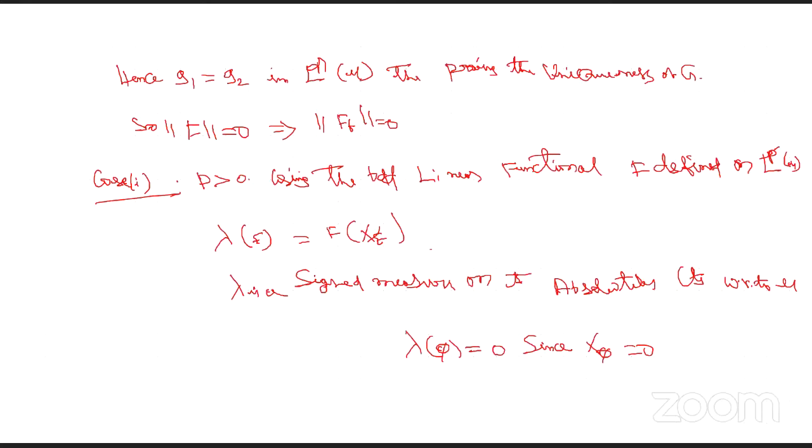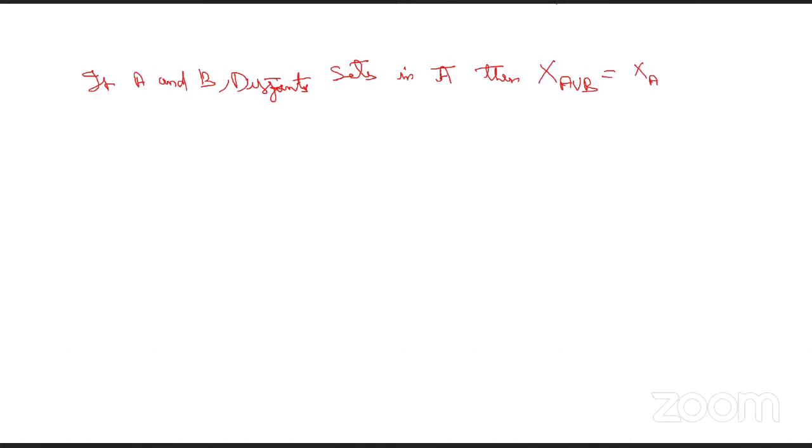Also, if A and B are different disjoint sets in A, then chi of A union B equal to chi_A plus chi_B.